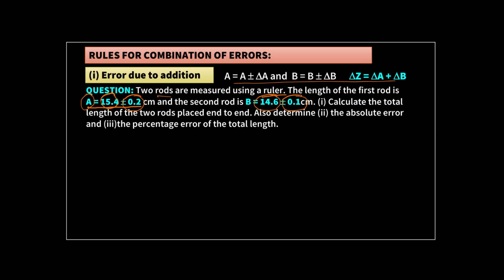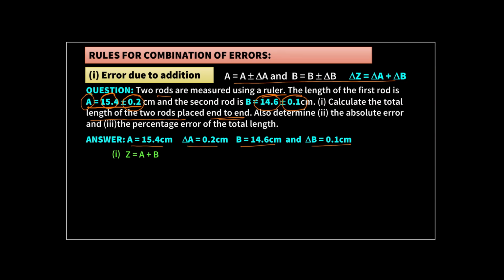They wanted the total length of the two rods placed end to end, which means they just wanted to calculate A plus B. Let's see the given things. True value of A, error in A, true value of B, and the absolute error in B. The first question they wanted total length, which is A plus B. You add this with this, will give you 30.0. This is the length of the two rods together.